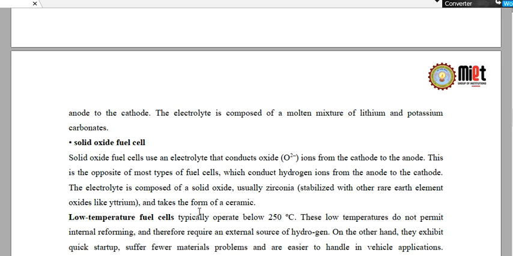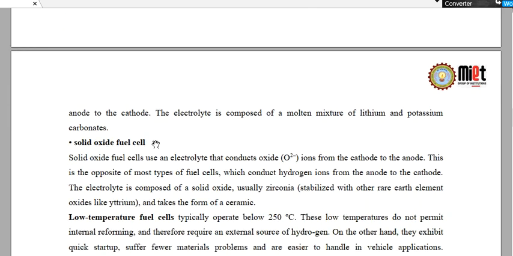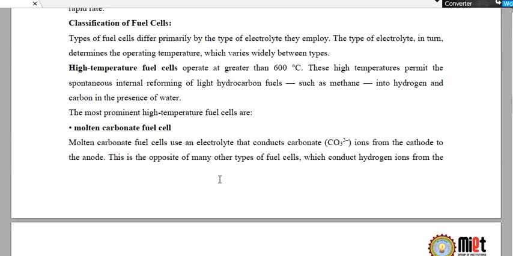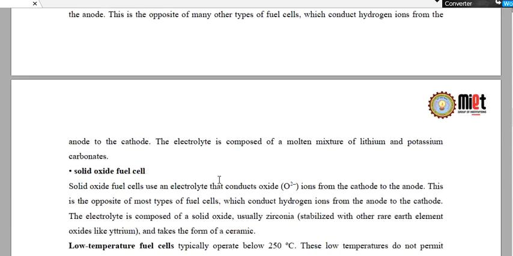In this cell, the electrolyte is composed of a solid oxide, usually zirconia, which is stabilized with other rare earth element oxides like yttrium and takes the form of a ceramic. So we can see that in both these types of cells, different types of electrolytes are used. There are mainly two types of high temperature fuel cells.